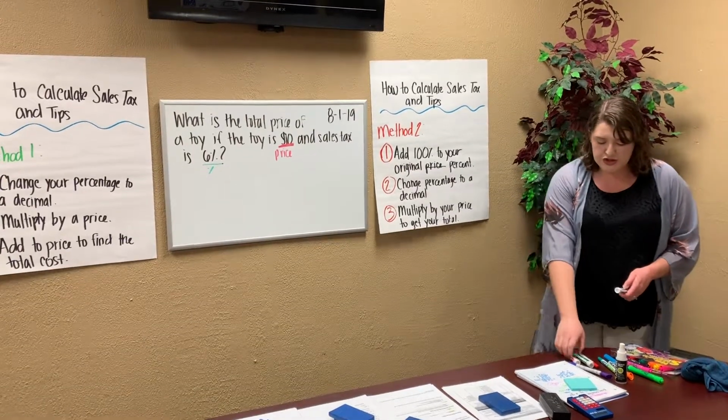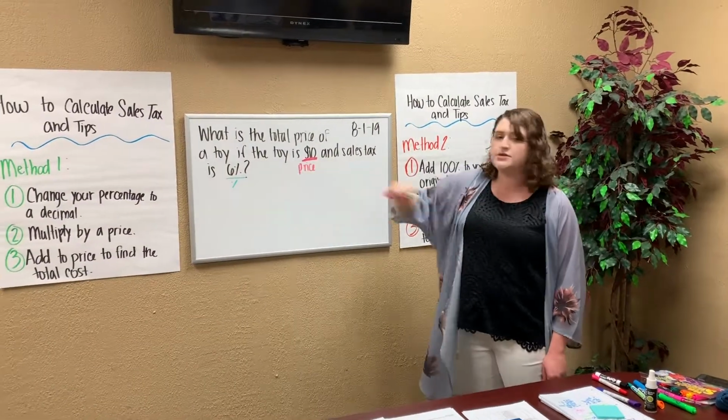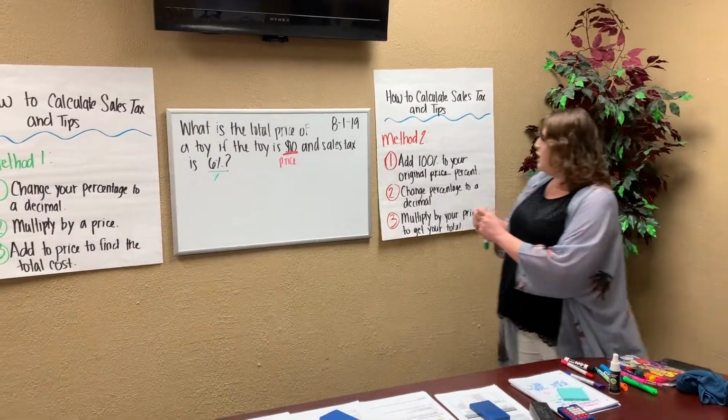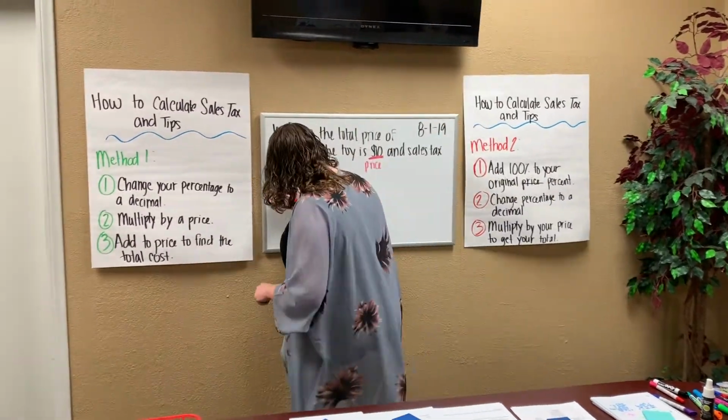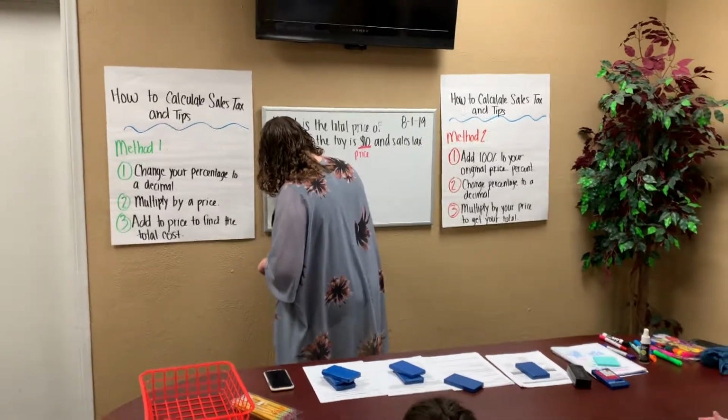Same parts, that is still your price, that is still your percentage. Are you okay with that? Now the difference is, in this example, we're going to do the second method.